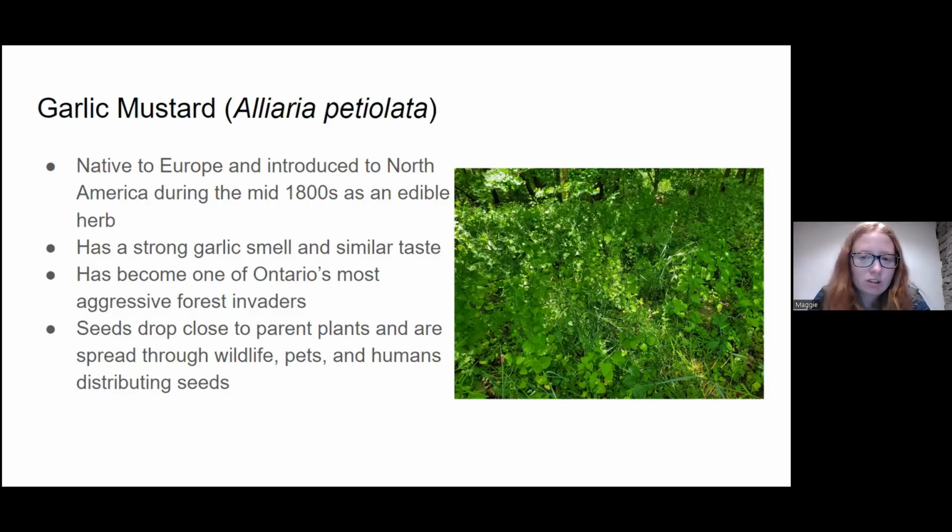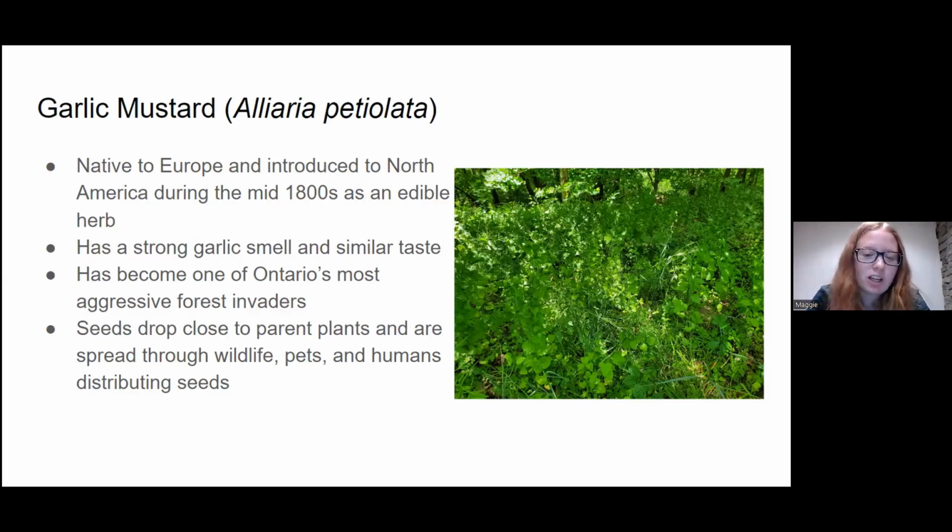It really takes over a forest understory and creates these dense stands where essentially only garlic mustard grows. The seeds drop close to the parent plants, and they're spread through wildlife in this area, deer mainly, as well as pets and people.